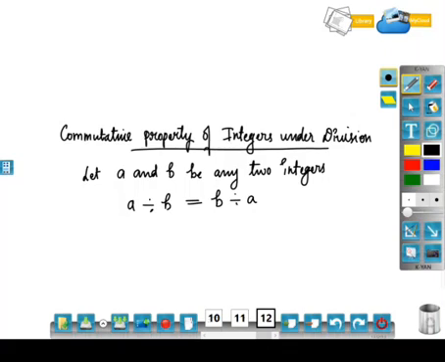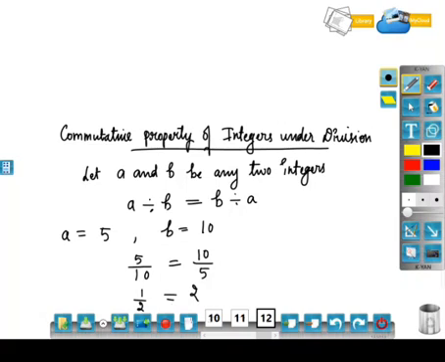Now let's check whether the left hand side and right hand side of the equation are equal or not. So we'll take some values for a and b. Put a equal to 5 and b equal to 10. On putting these in the given equation, the left hand side is 5 divided by 10, and the right hand side is 10 divided by 5. 5 divided by 10 is 1 by 2, and 10 divided by 5 is 2.